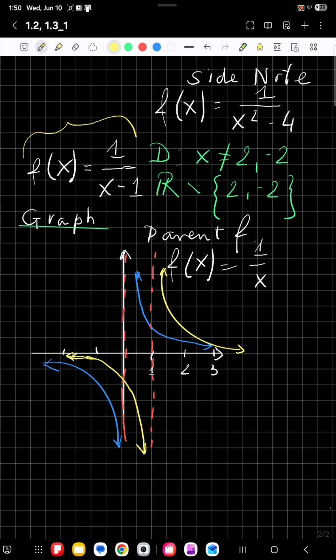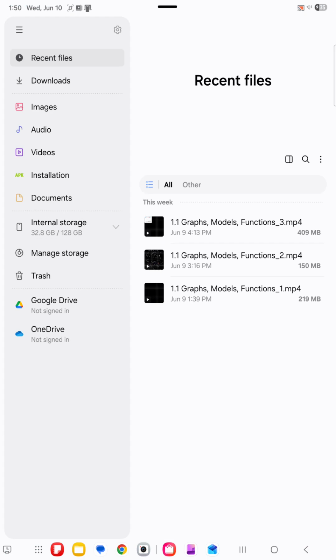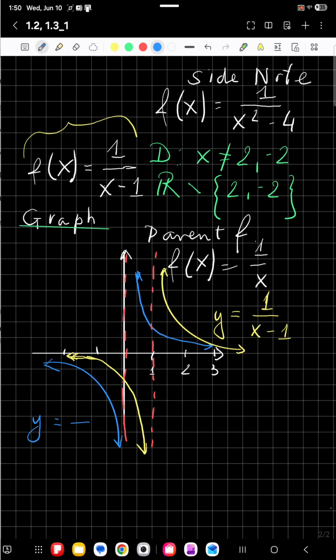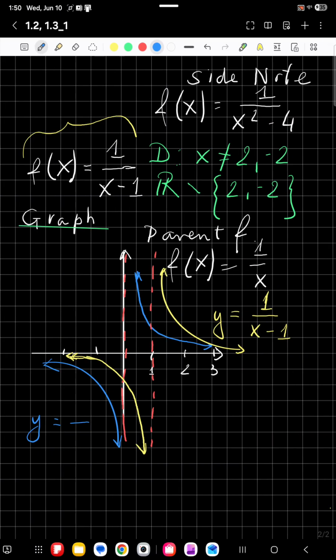Okay, so the equation of the yellow one is 1 over x minus 1. And the equation of the blue one is y equals 1 over x. I touched the screen with my hand, and that's what happens.